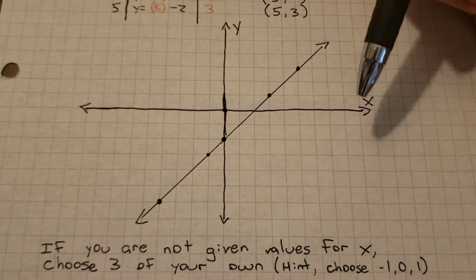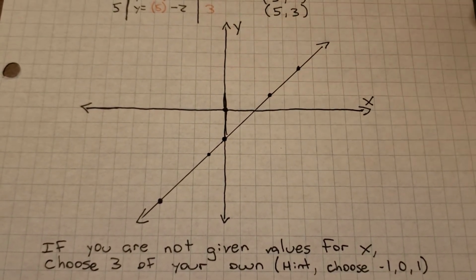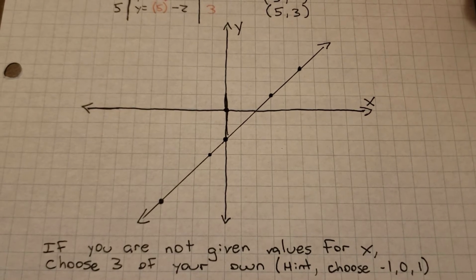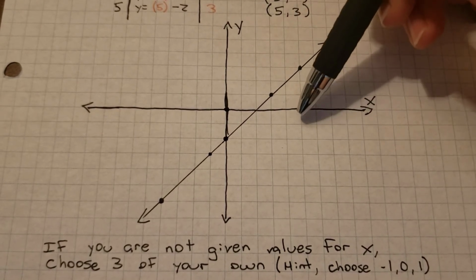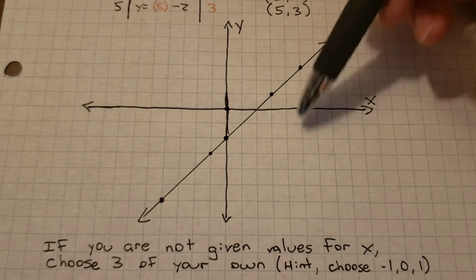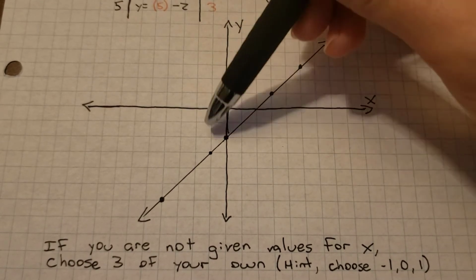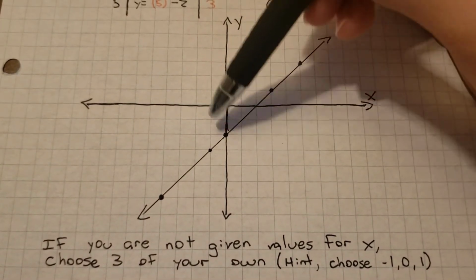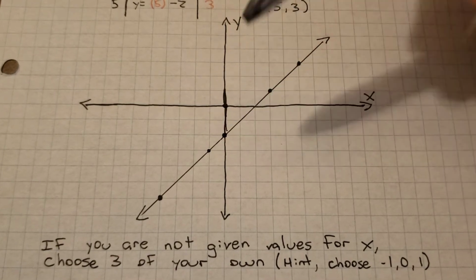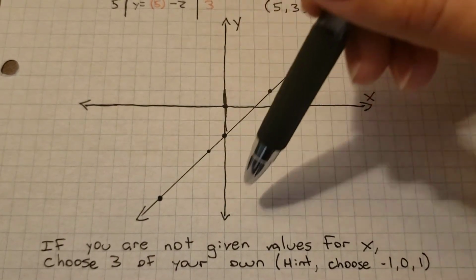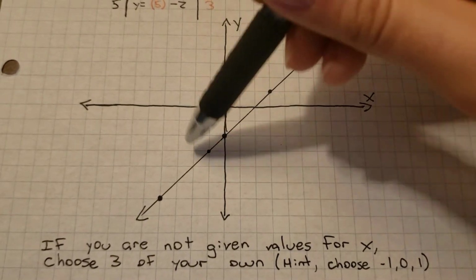I mean, you could choose 100, but then you're going to be drawing way over here. Could choose 5, but then you have to make your graph at least this big. But choosing -1, 0, and +1, in this case, our graph would be this big, right?